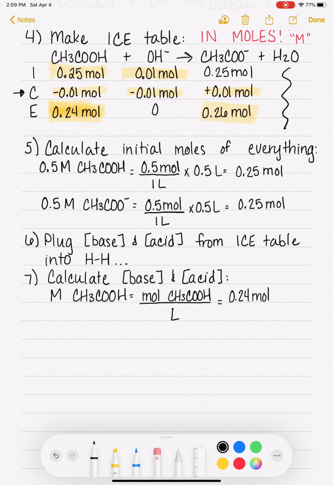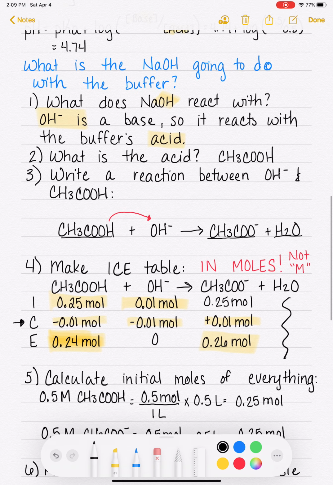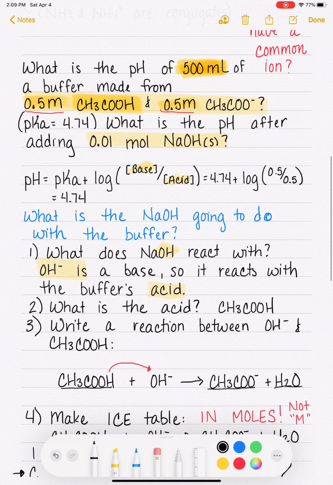And we got to think about what's the volume at this point of this solution. Let's go back and read the problem. In the problem, it said we have 500 milliliters of the buffer, and we added solid NaOH. So that probably didn't make any change to the volume of this solution. So we can probably assume that the volume is still 500 milliliters.